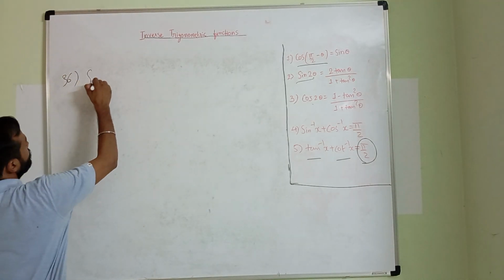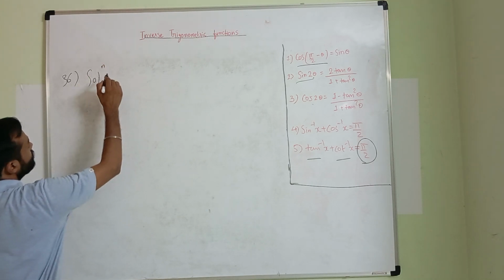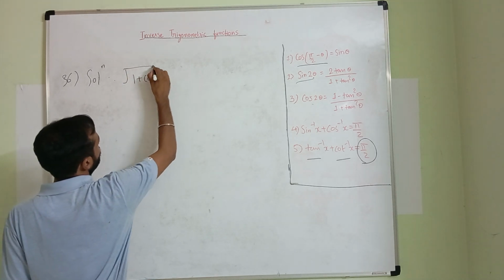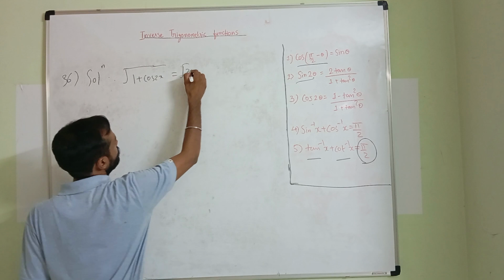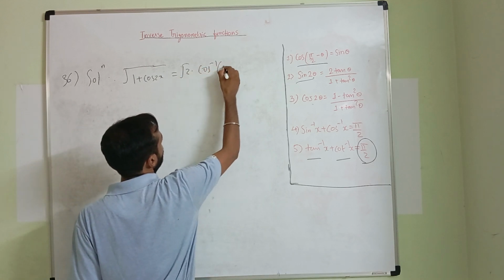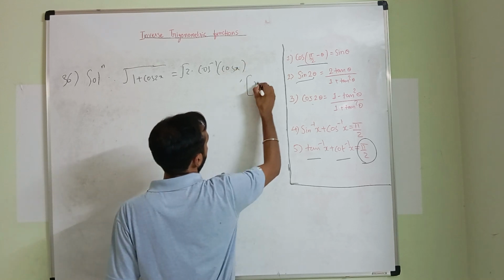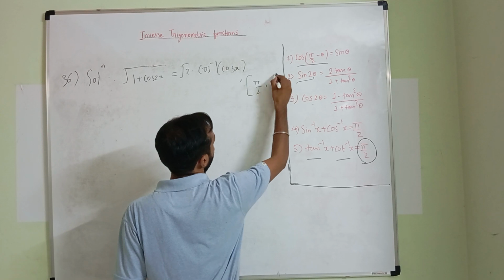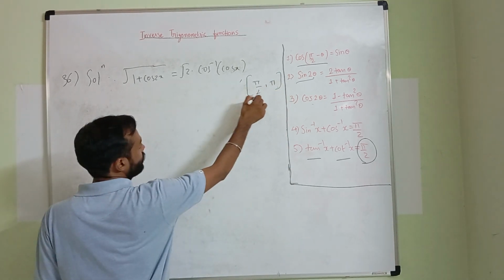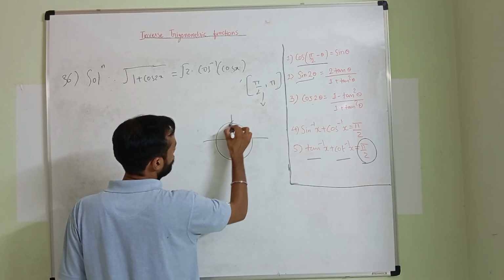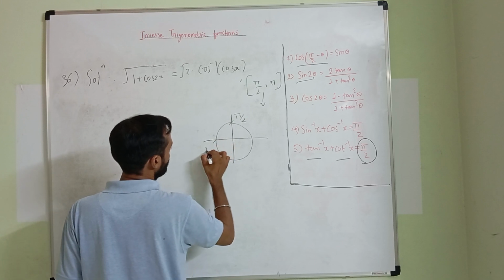Here we have to find the number of real solutions for the problem 1 plus cos 2x equals under root 2 of cos inverse of cos x, in the range of pi by 2 to pi. So if we plot this on the unit circle, we will get here pi by 2 and pi.